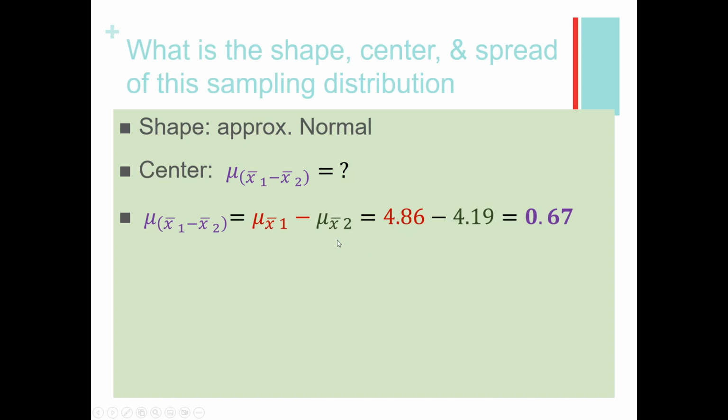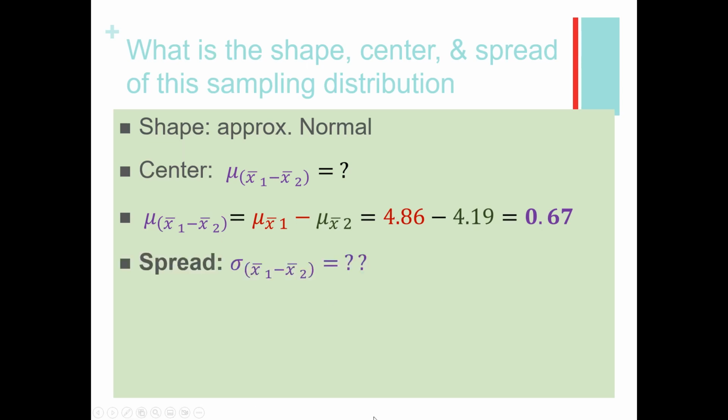The sampling distribution for the sample mean of the second population will be centered around 4.19. And so the mean of this new sample distribution for the difference of the sample means will be simply the difference of those means, or approximately 0.67.